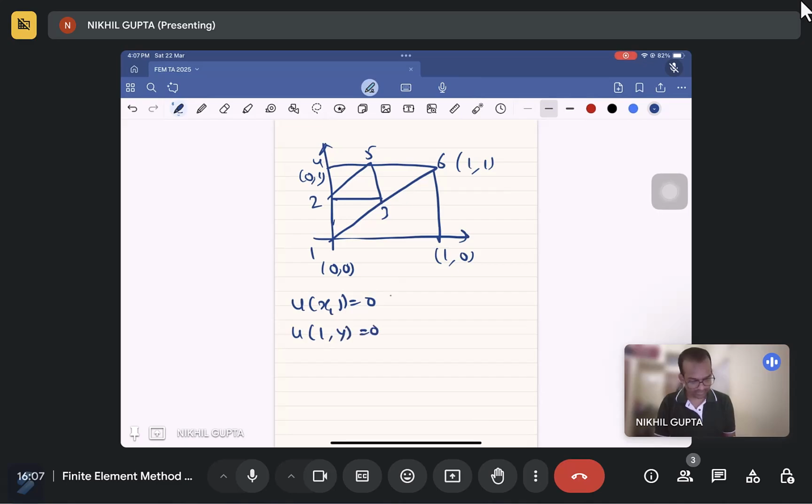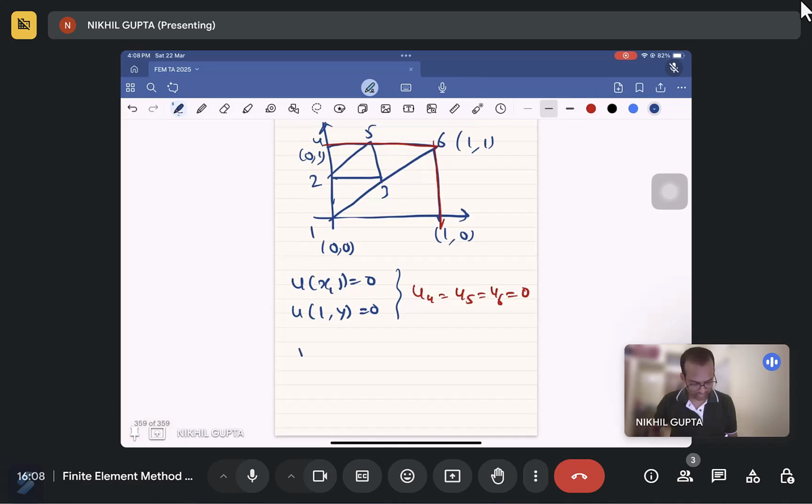When you combine this, you can see x comma 1 means y is equal to 1, and u(1,y), 1 comma y means x is equal to 1. Since we are using the top symmetric only, we can say u4 is equal to u5 is equal to u6 is equal to 0.